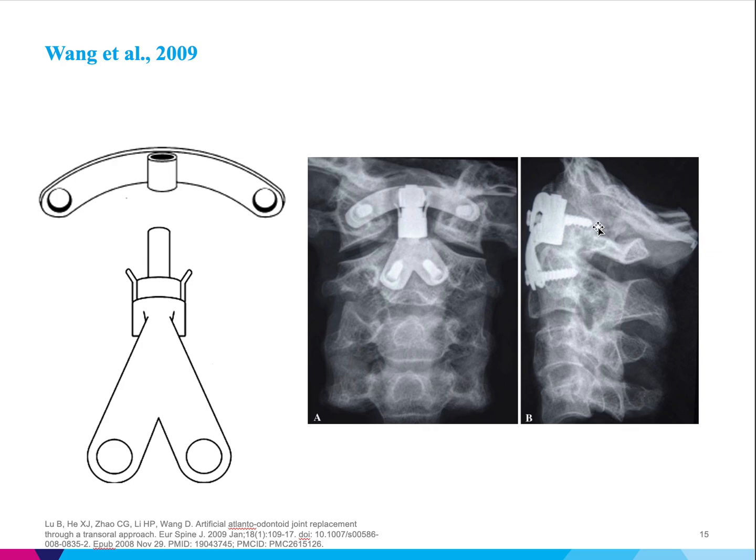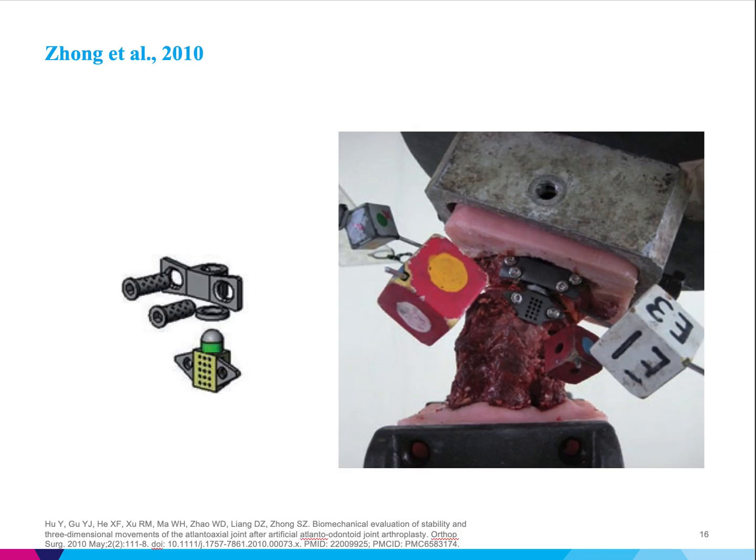And also, by virtue of these screws attaching to C1 and C2, they're also going to limit and prevent C1 and C2 subluxation. And again, remember, that's preventing C1 from translating anteriorly relative to C2. Another design put forth by Zhang et al. in 2010, very similarly, comes from an anterior approach where you have two main parts.